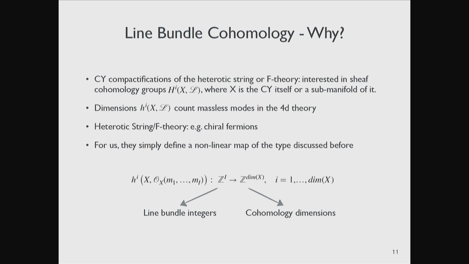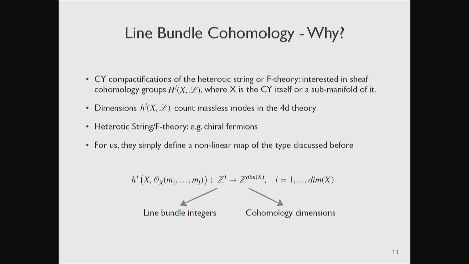Very generally, these H^i count massless modes in the resulting effective field theory. In string theory and F theory, they also count chiral fermions in particular. That's, of course, very interesting if you want to get a standard model. But for us, they really simply define a map of integers to integers, and that's what we want to study.